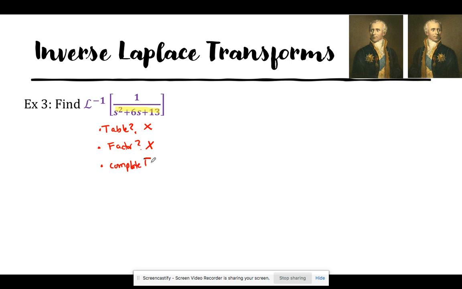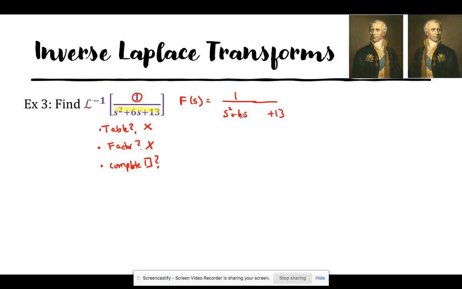Can I complete the square? Especially with a numerator of 1. What if I do that? Let's see what happens when I do that. So f of s is equal to 1 over s squared plus 6s plus 13. What happens when you complete the square?